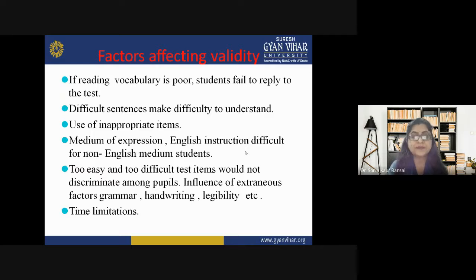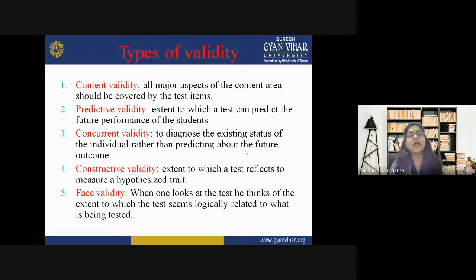All right. Now let's understand, students, about the types of validity. There are many types of validity, so we are going to understand them one by one. And first of all, there is content validity. As its name suggests, content, or the subject matter. So all major aspects of the content area should be covered by the test items.